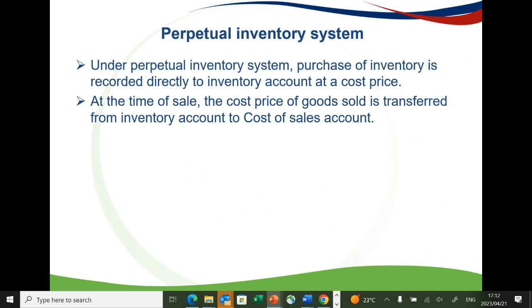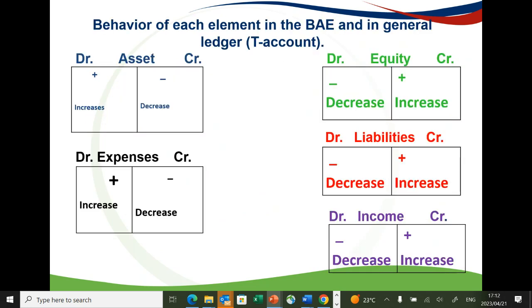The inventory that has been sold is reducing now. So inventory is an asset, it reduces on which side? On the credit side. So you're going to credit your inventory, and what are you going to debit? You're going to debit your cost of sales. Remember, cost of sales is your expense, and expenses increase on the debit side. But you will see when we take you through the examples as we move forward.